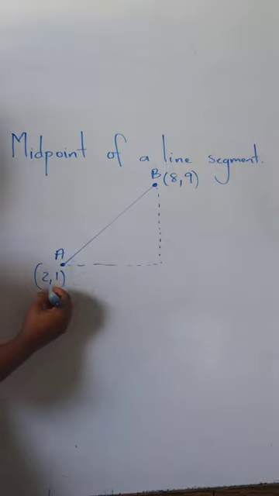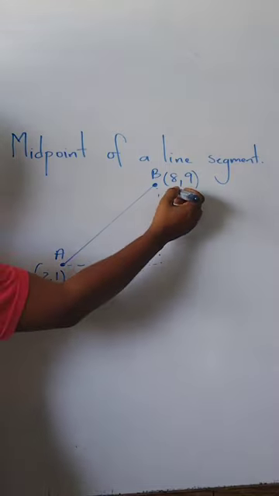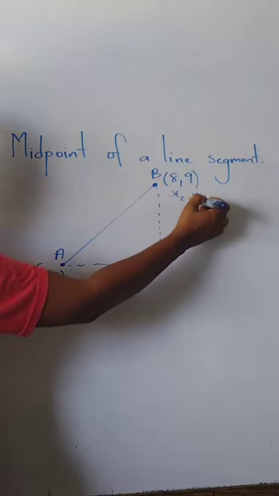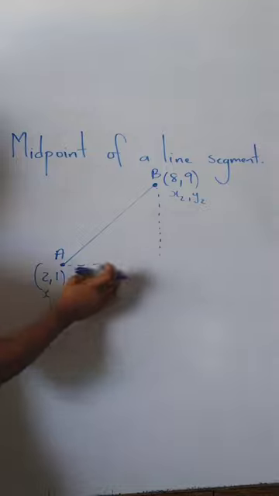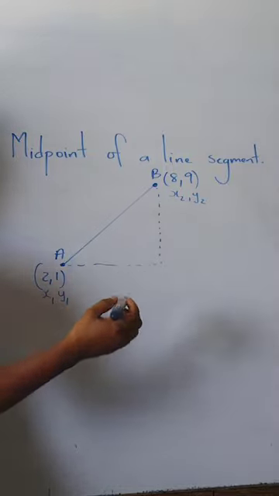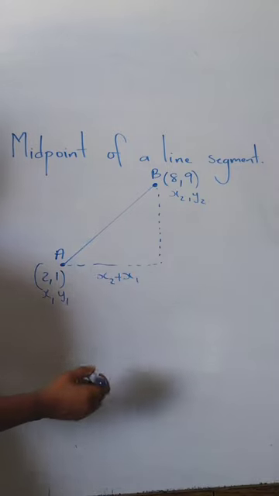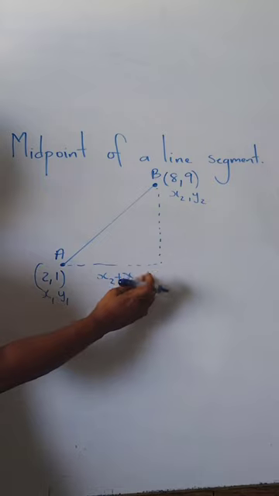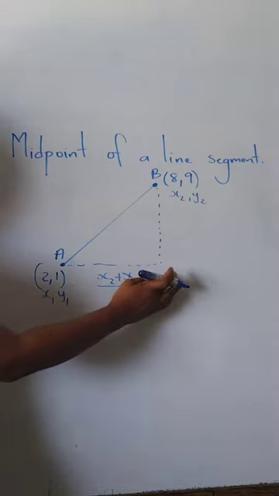So I'm looking at my x1, y1 starting point, the A value here, and ending point x2, y2. Since this is my horizontal, representing my two x values, I'm going to be adding them. So that's x2 plus x1, and I will need to divide it by 2 to figure out where the middle of this is.